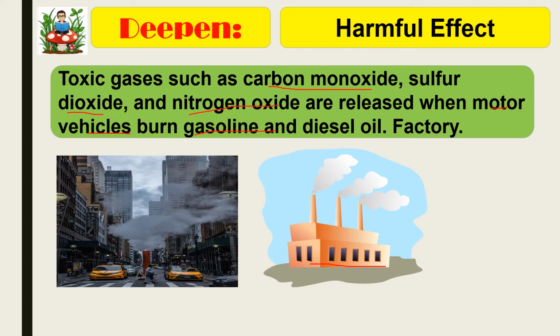In short, these come from your car, if you have one, from the tricycle, from the factory. Those are the things in the air that are very harmful to our bodies. That is why the government has a smoke belching law.